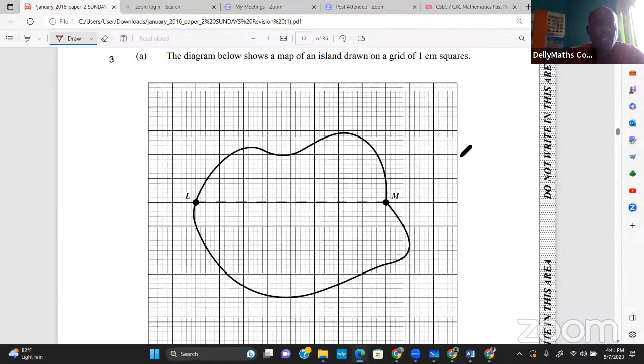Let's go for it. The question says here, the diagram below shows a map of an island drawn on a grid of 1 cm squares. So they are telling you that these grids are 1 centimeter square, which means that this is 1 centimeter. That's a centimeter. That's a centimeter.